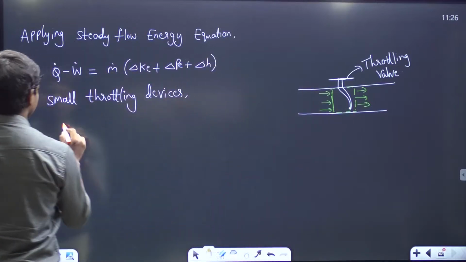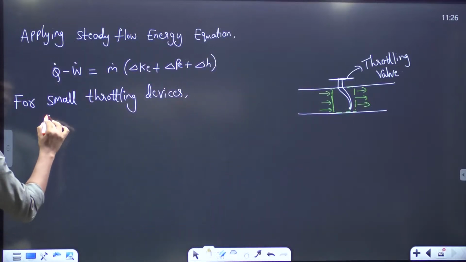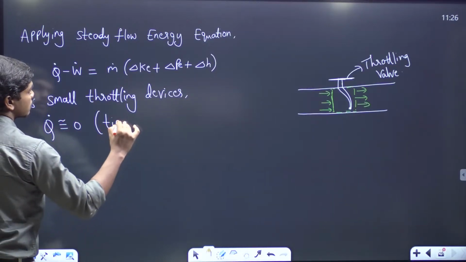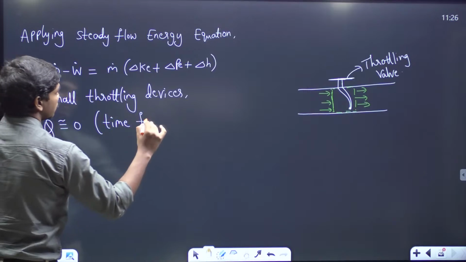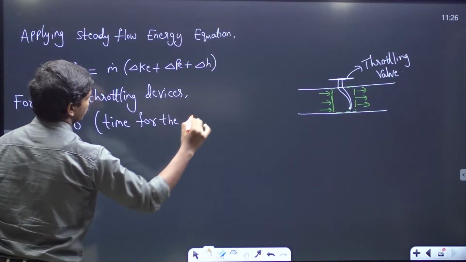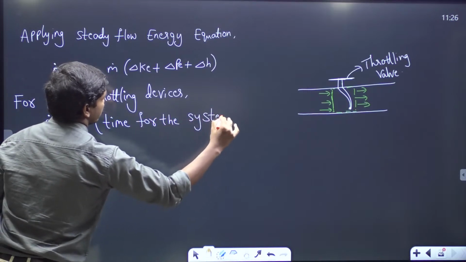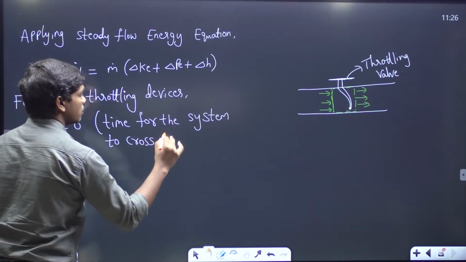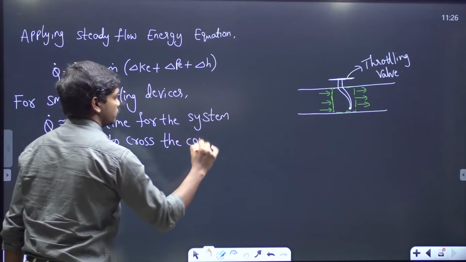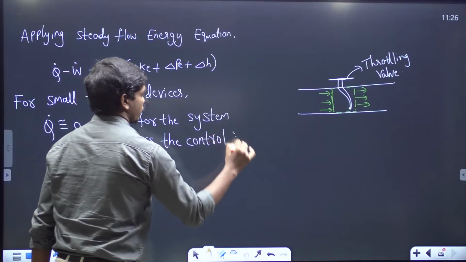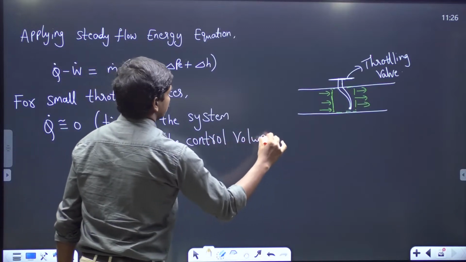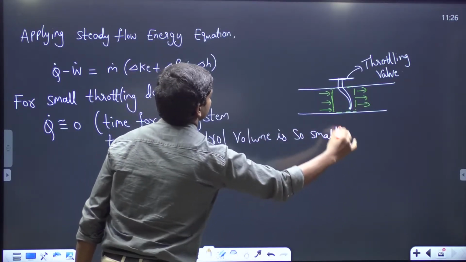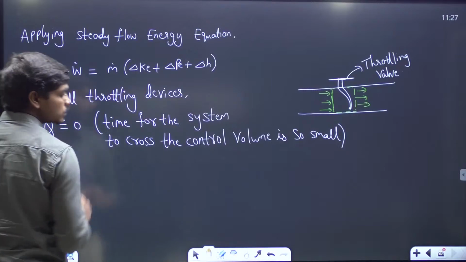So we'll write Q dot is equal to 0, because the time for the system to cross the control volume is so small. So when the time is so small, you equate this to 0.